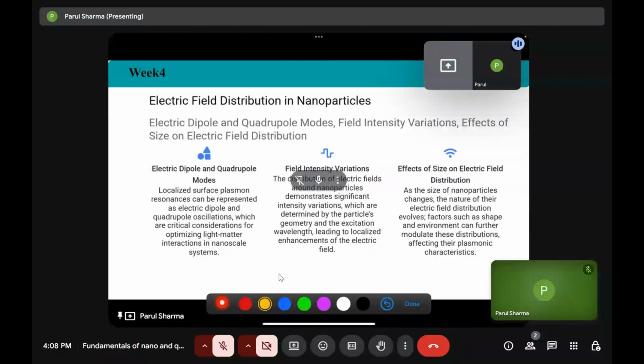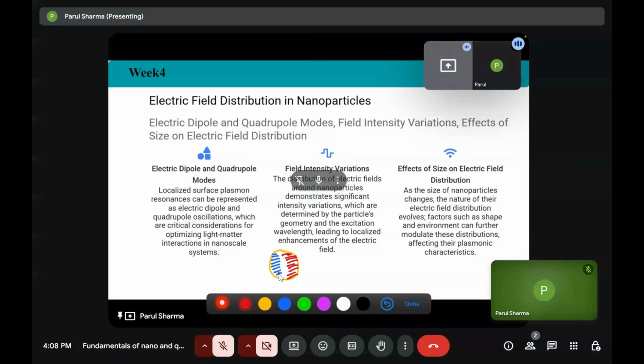So now what? If you have the current, these represent the theoretical considerations for optimizing the system.